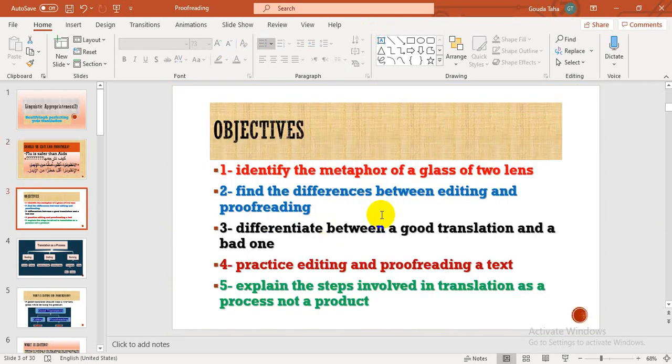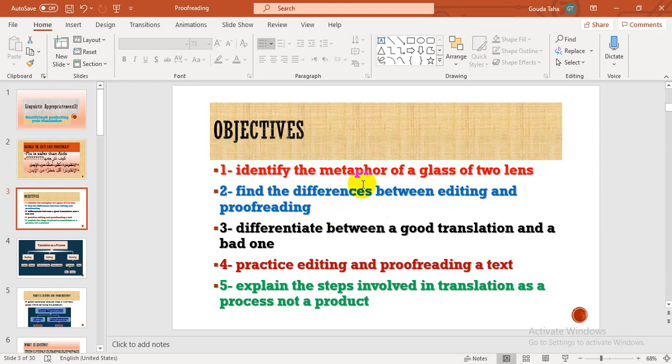So what we are going to discuss today is number one, to identify the metaphor of a glass of two lenses. So any translator needs a glass, just like sunglasses or an eyeglass. And this glass has two lenses.